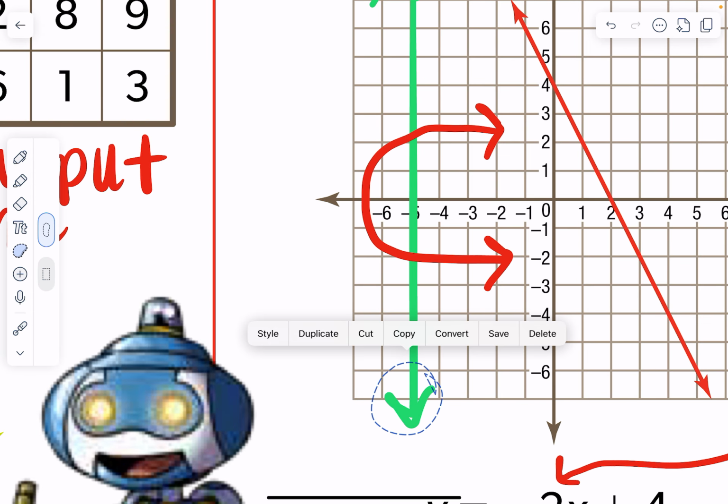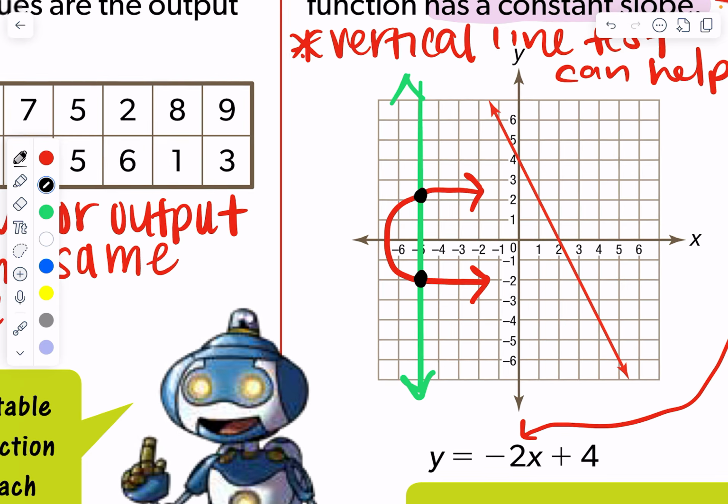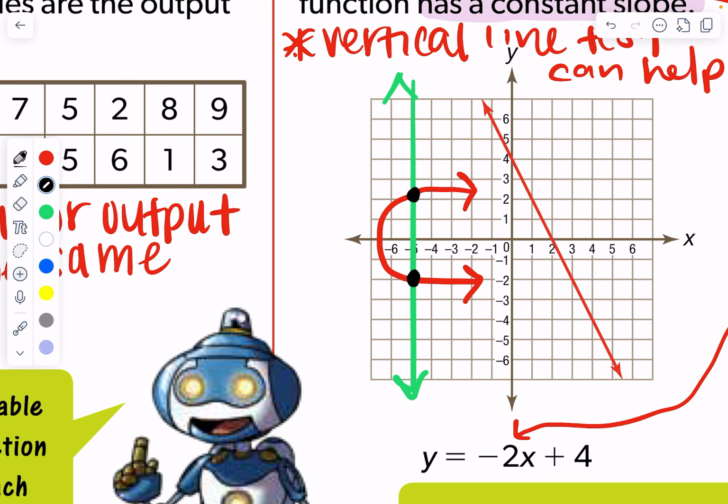So in this example right here, there are actually 2 points that share the number -5 as their x coordinate. And so this would not be a function.